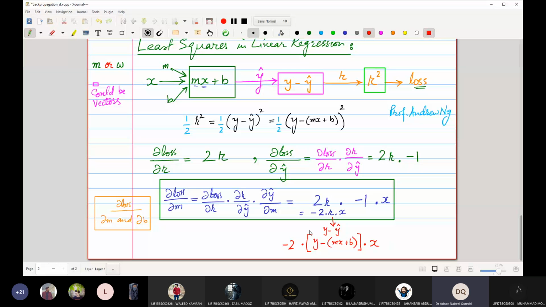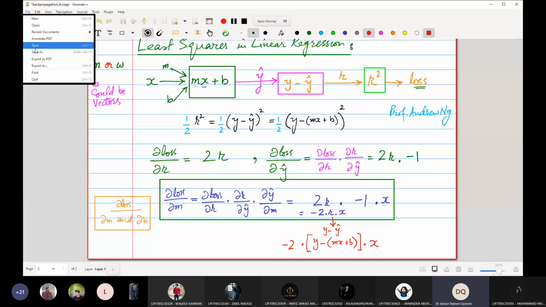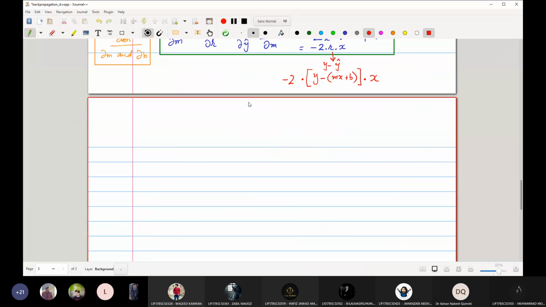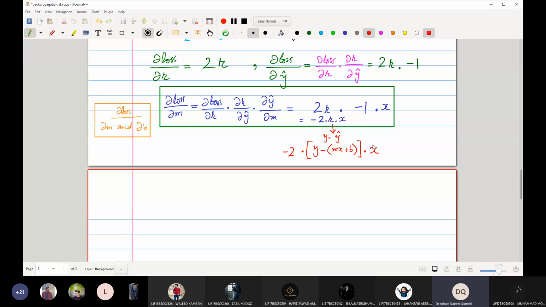So ये जो एंड में मैंने रेड में लिखा है, this is the final answer. Any confusion, any question with this thing? Let me just scroll back. So -2, this and this and this.